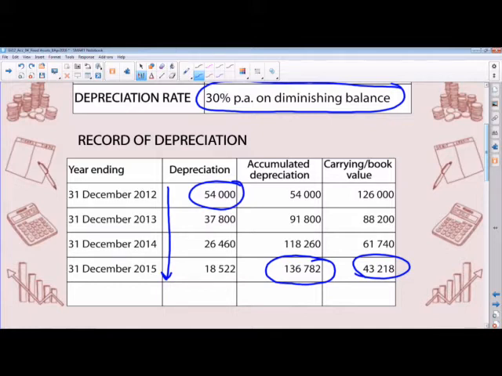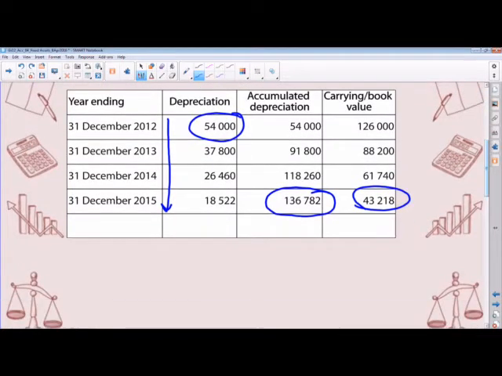You took your cost price, remember, you will take your cost price minus your accumulated depreciation, and that will then give you your carrying value. And it is on your carrying value that you will now calculate your depreciation for the next financial year.